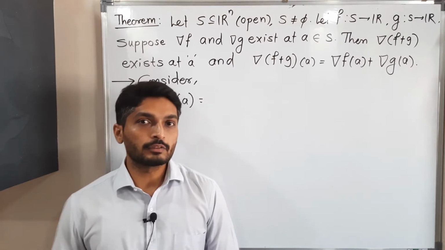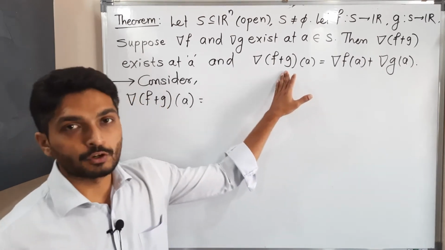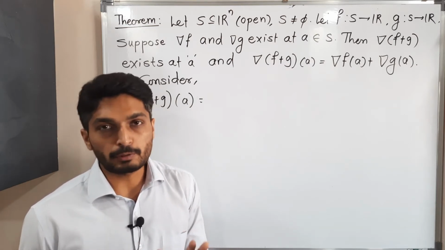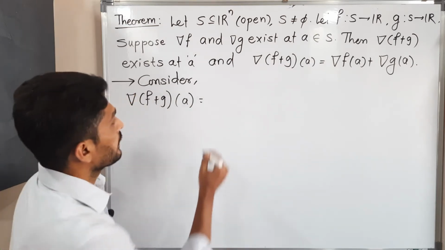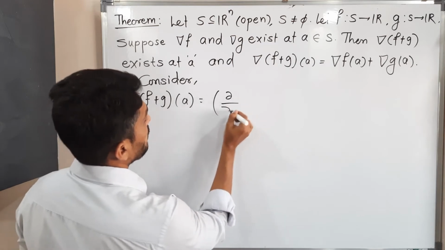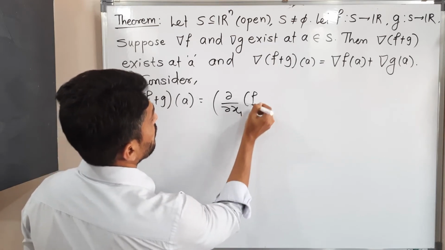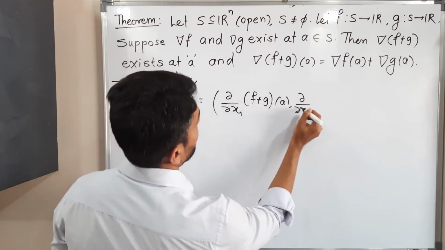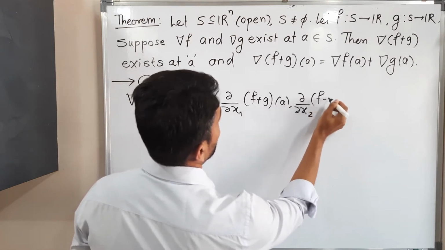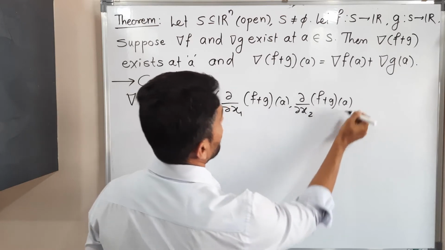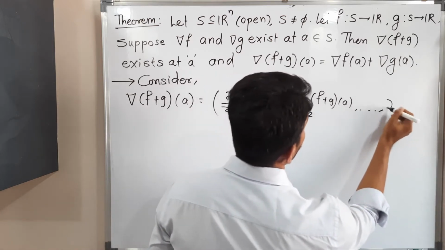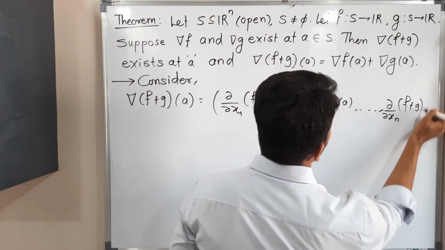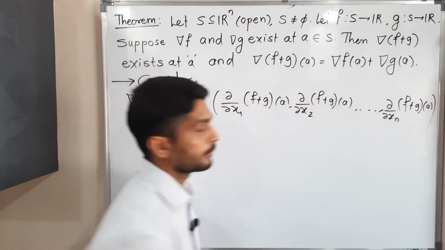So now let us calculate del (f plus g) of A. You remember the definition of del f, the same definition I am going to follow to calculate it. Definition says that it is (∂/∂x1 (f plus g) of A, ∂/∂x2 (f plus g) of A, and so on. The last one will be ∂/∂xn (f plus g) of A, okay?